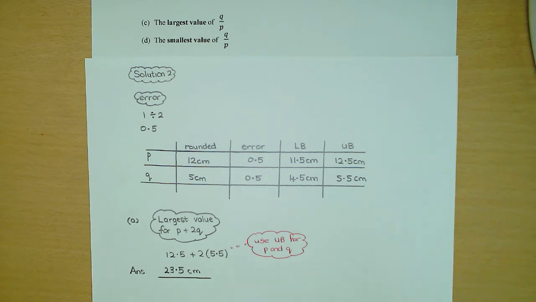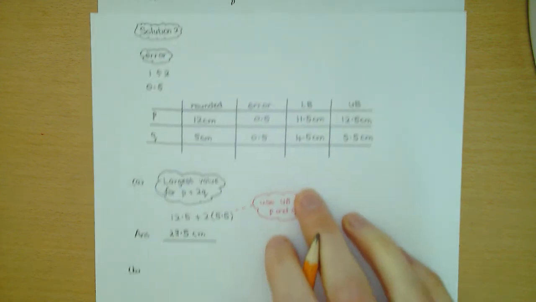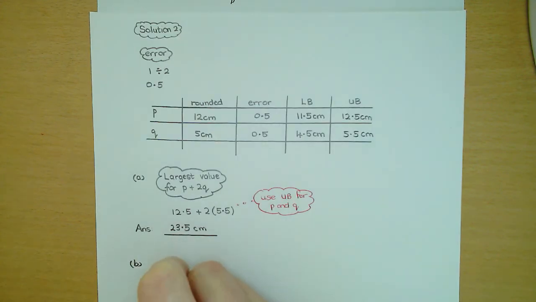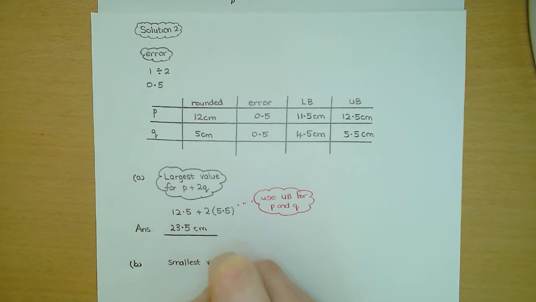Okay, let's look at part B. So part B wants us to get the smallest value for P minus Q. Now we need to be careful here.